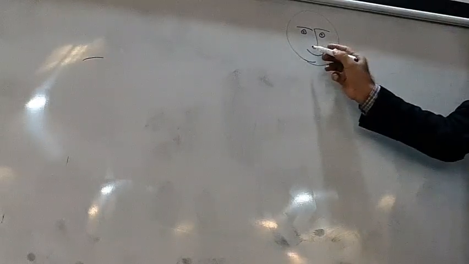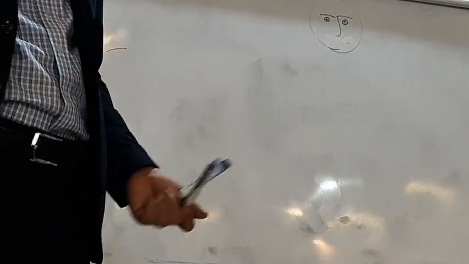You say that this is a face, and because of the type of the mouth, it is a happy face. Okay? But if I ask you to tell me about the emotion of this face without the mouth, you will say it's not possible.